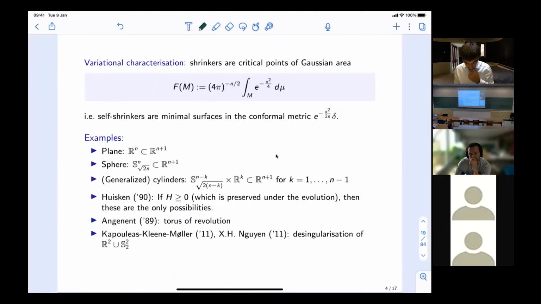And now here's an interesting question. Can I construct other shrinkers? Here's a singular shrinker, for example. You just take the plane through the origin, and you intersect it with the sphere. So this is in some sense a singular shrinker. But remember the equation was mean curvature equals x comma nu over 2.